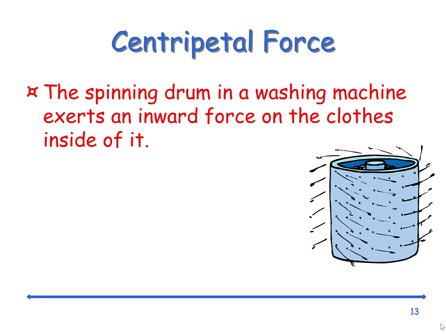This is also something that washing machines take advantage of, that centripetal force. It exerts an inward force on the clothes as it spins around. The drum of the washing machine is providing a normal force against the clothes that are in it. As it spins, it pushes the clothes back into it.